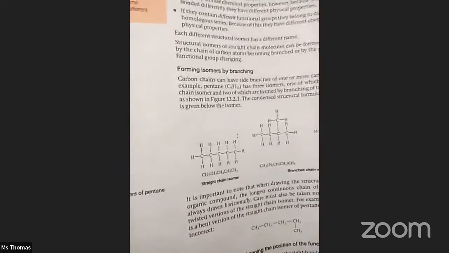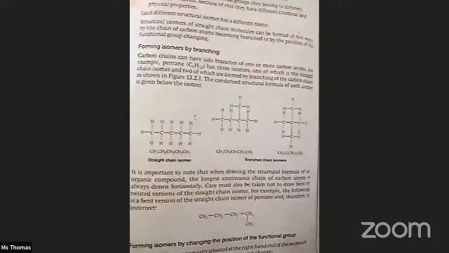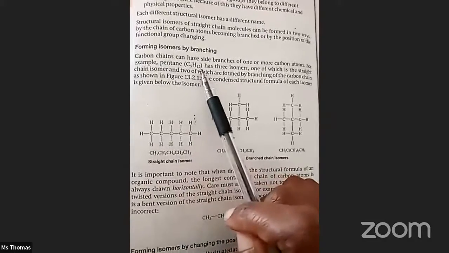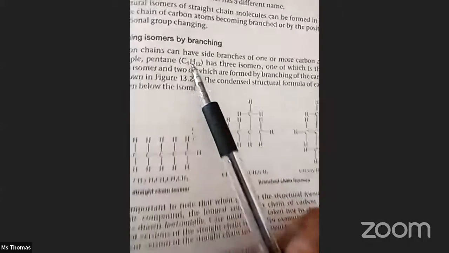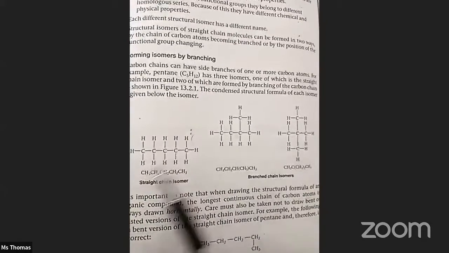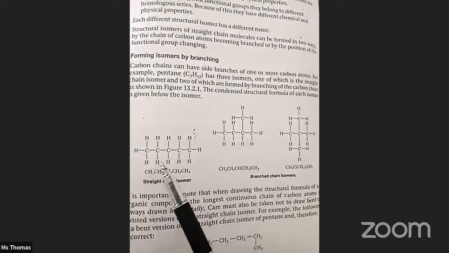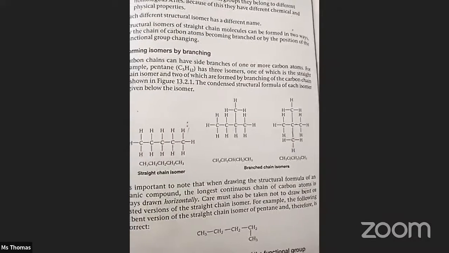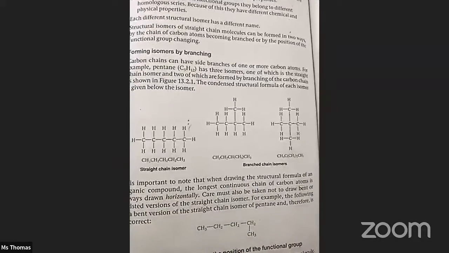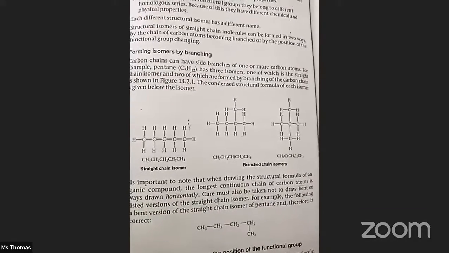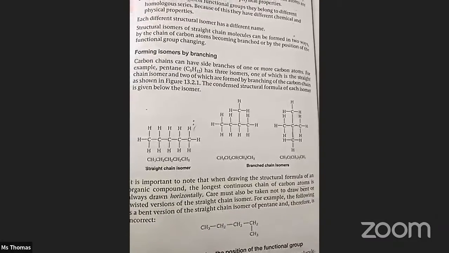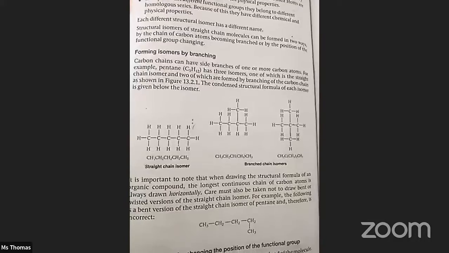So this is a diagram of the isomers of pentane. Now pentane has 3 isomers, C5H12. Do they belong to the same homologous series or different homologous series, class? Look at the structures and tell me, are they in the same homologous series or different?